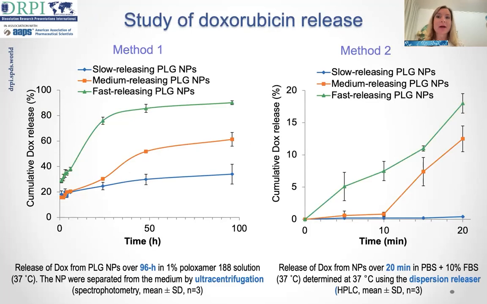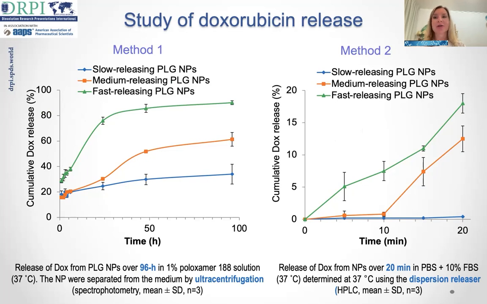The drug release profile in vitro was investigated using 2 different techniques. The first one was performed using a simplified release media and a centrifugation method to separate nanoparticle-bound doxorubicin fraction, and the second one using dispersion releaser technology with donor and acceptor compartments and medium replacement.